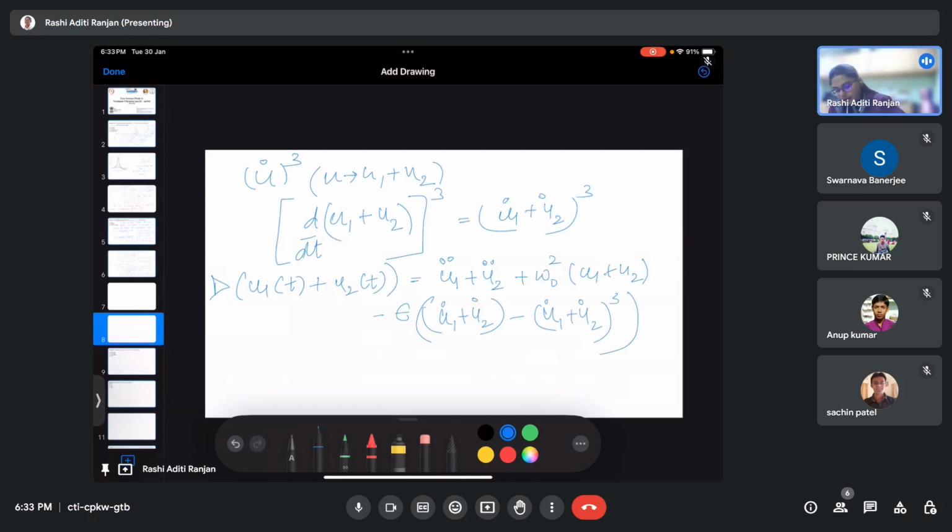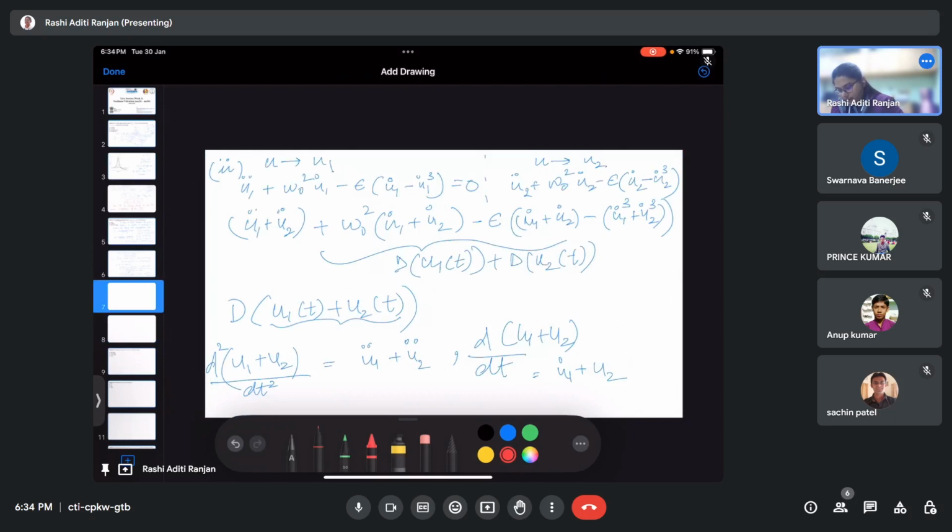Now if you compare this equation, let us name it equation number 2, with this equation, which let us call equation number 1.